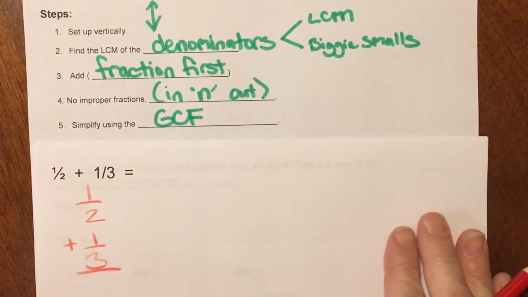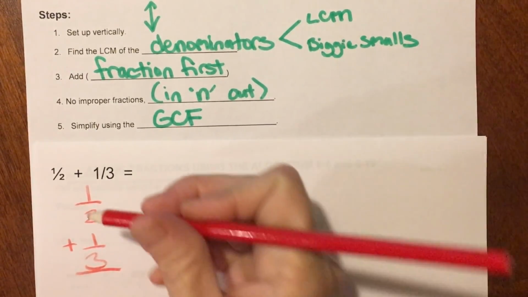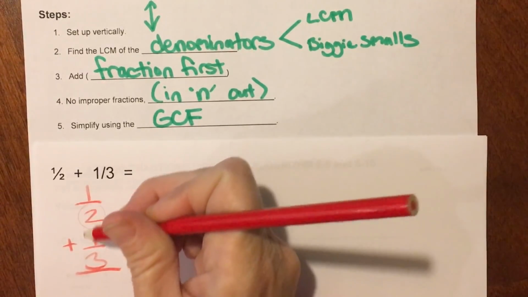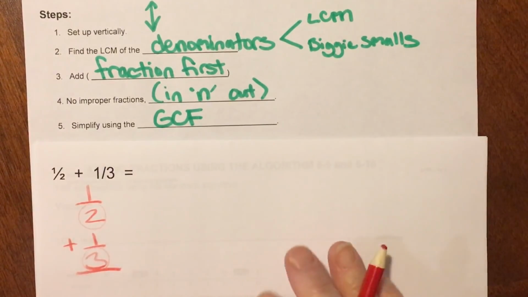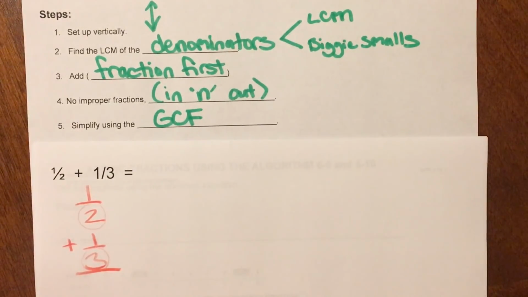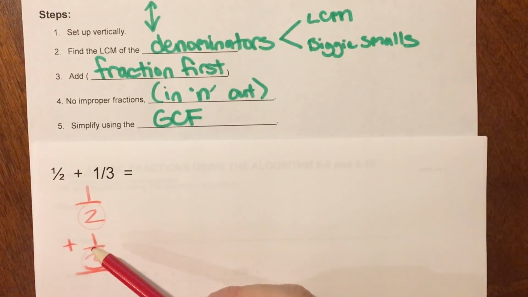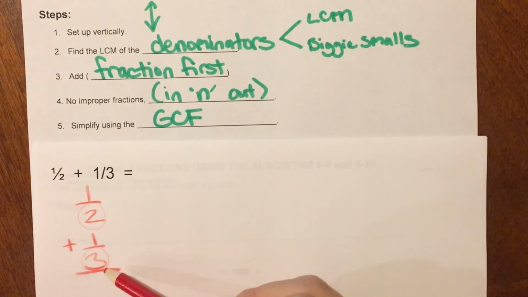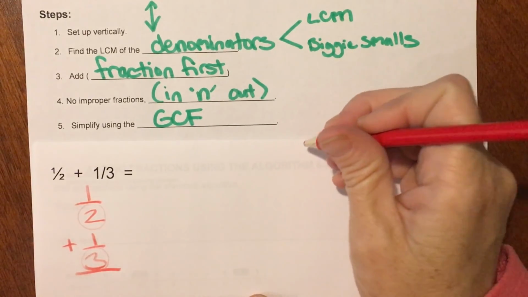Now I'm going to find the LCM of the denominators. Here are my denominators. Well, I wish I could use Biggie Smalls because it would be nice, but 2 doesn't fit perfectly into 3. My small one doesn't fit perfectly into my big one, so that's not my LCM. So I'm going to need to do that work.